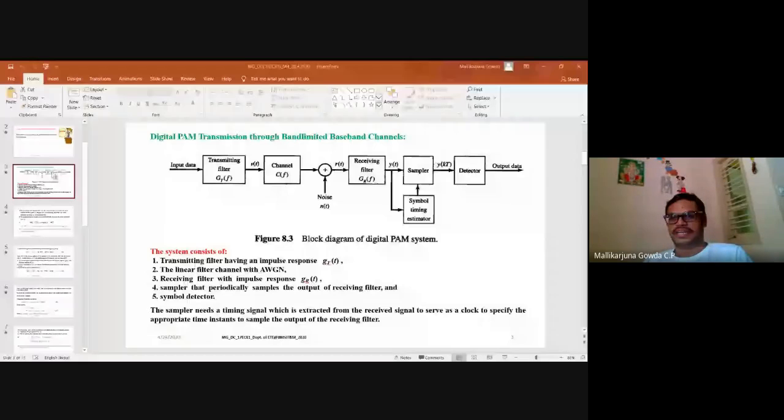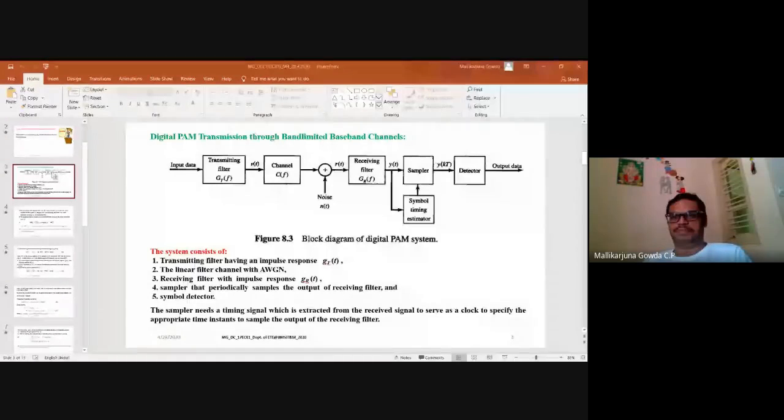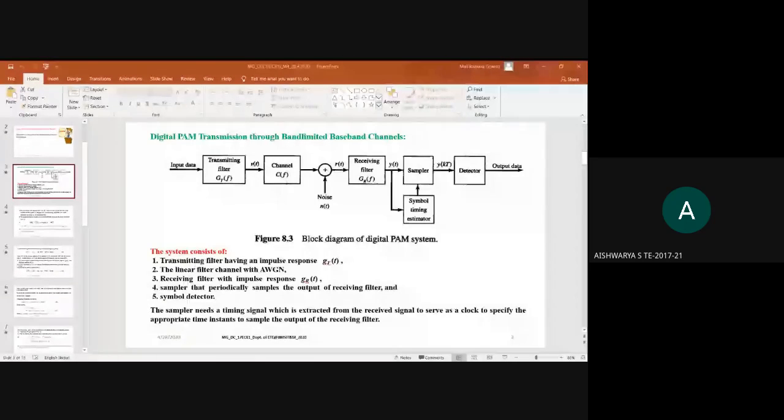Could you understand, ma'am, that block diagram? Yes, sir. The block diagram of the digital PAM system, and what is the output of the sampler, and then how I can minimize the intersymbol interference? What should be the condition and all? You could understand that? Yes, sir.